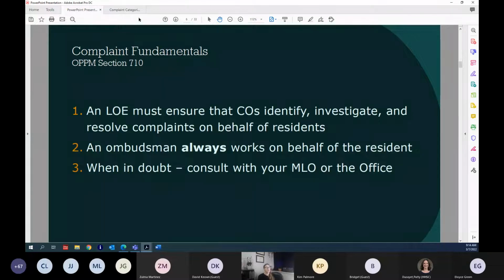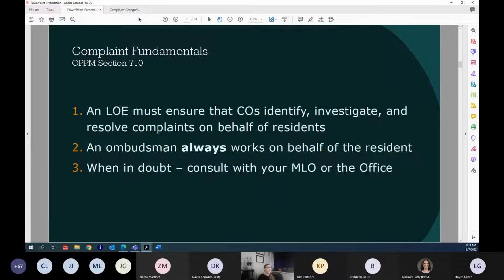We're going to move on now to some language from the Ombudsman Policies and Procedures Manual. You all know that I'm fond of it and I'll talk about it often, but that's because we've put so much work into making it comprehensive and helpful and available to you to answer a lot of these questions about how to be an ombudsman.